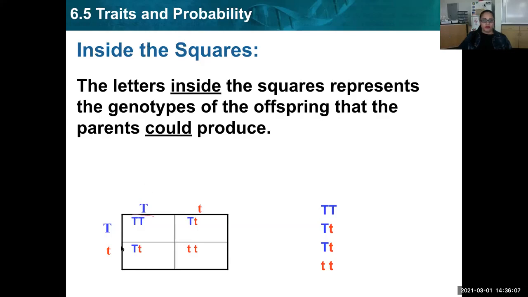And all we did here is we took the 4 squares in the middle and we listed them out. Those are the potential genotypes for the 1 offspring that parents usually have.